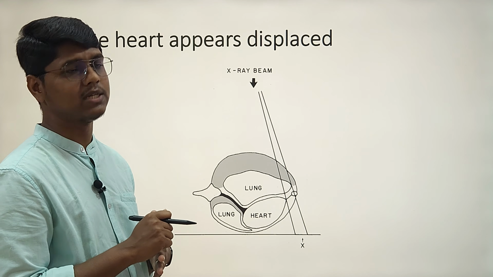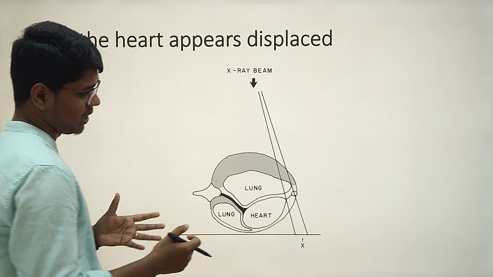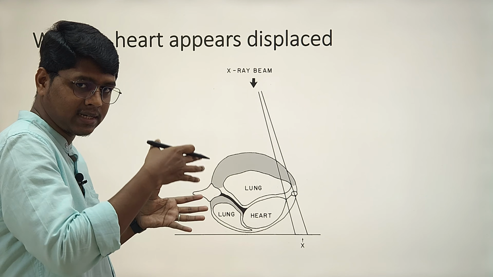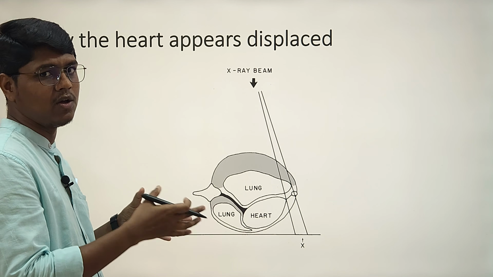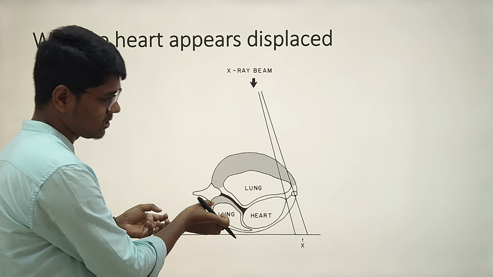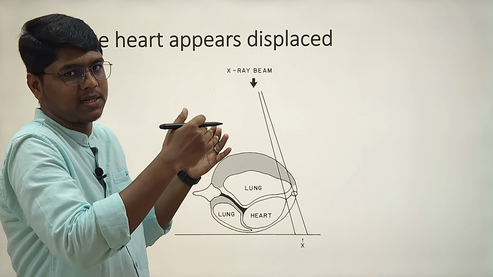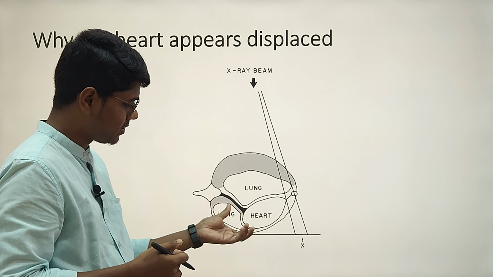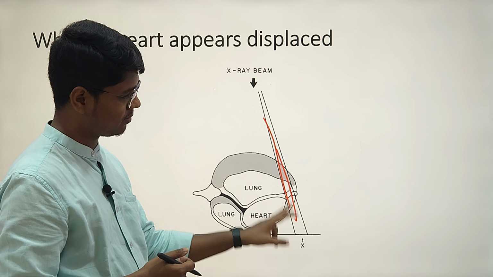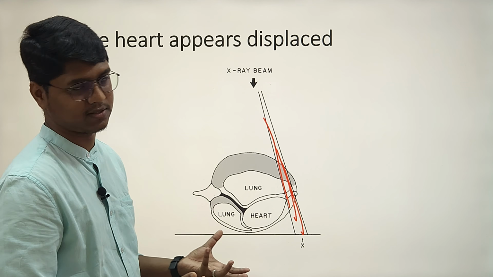What happens when there is pneumothorax and you take a radiograph, the dependent lung, which is already atelectatic due to pressure of air, becomes further atelectatic and the heart is displaced. It is not exactly that the heart is elevated due to air; the heart is displaced to the dependent side, creating some gap, and when the X-ray beam hits this gap, it appears as if the heart has been displaced.